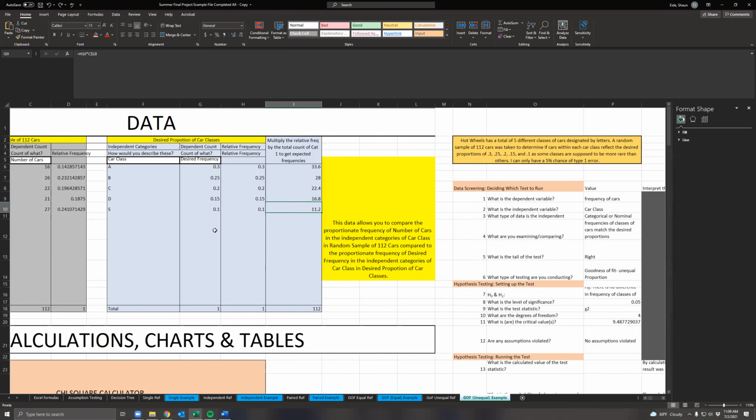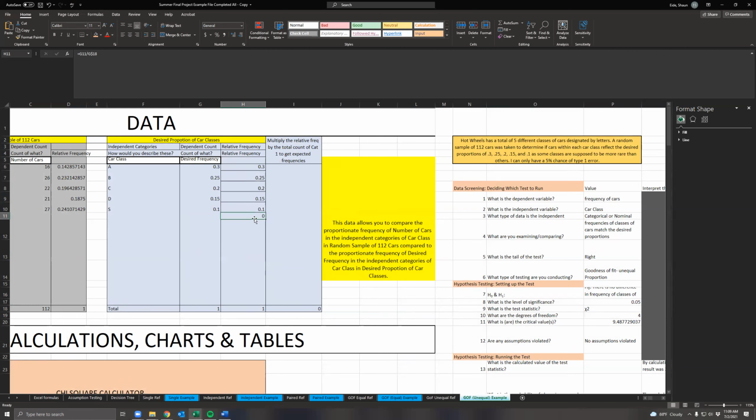So what we did from here is I'm going to delete this and I'm going to say, okay, I have these relative frequencies, and the way that I got the relative frequency is I did equals this desired frequency divided by the total, and then I did the dollar sign. So this desired frequency divided by the total, and then I just dragged it down.